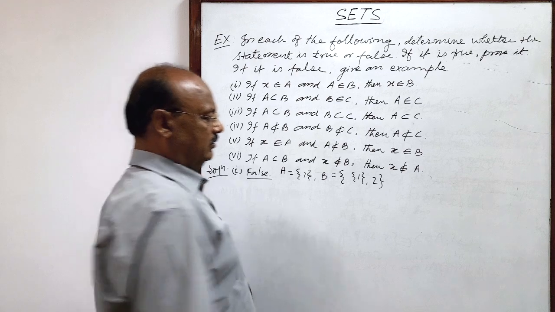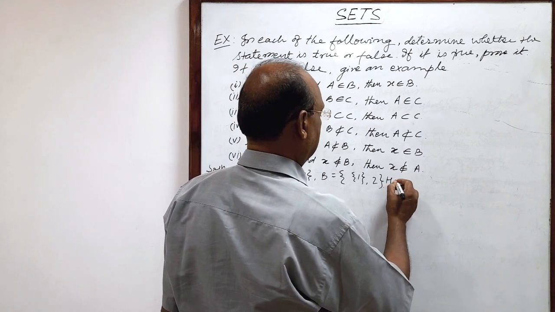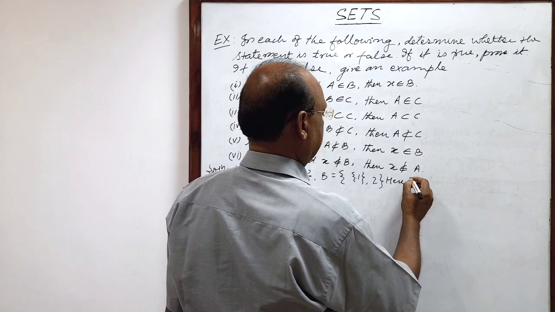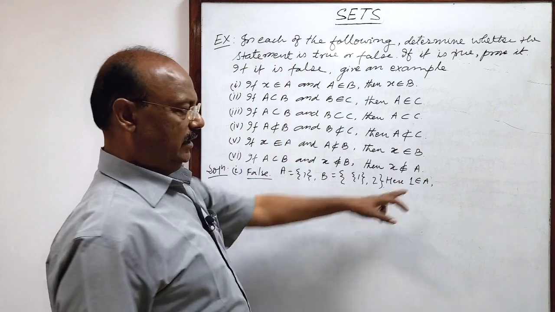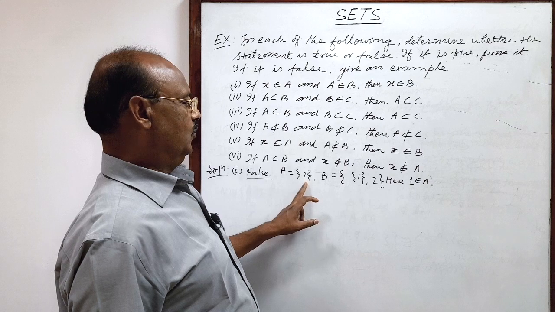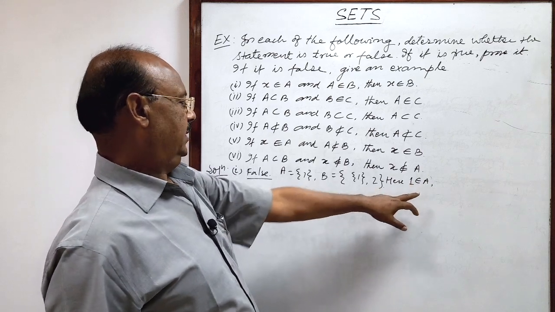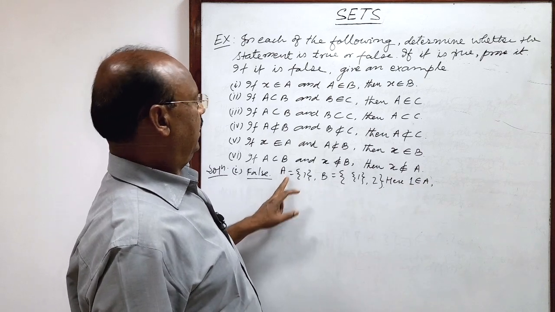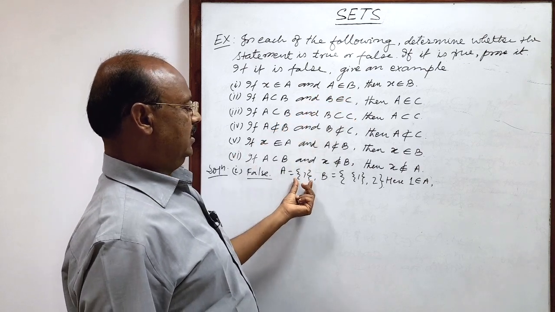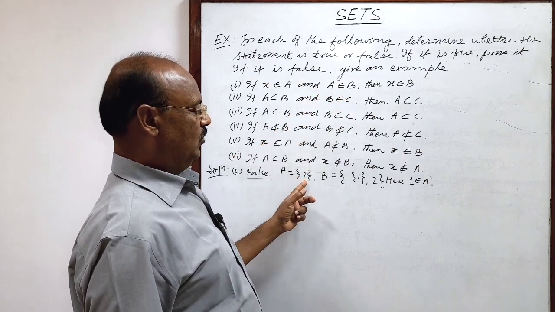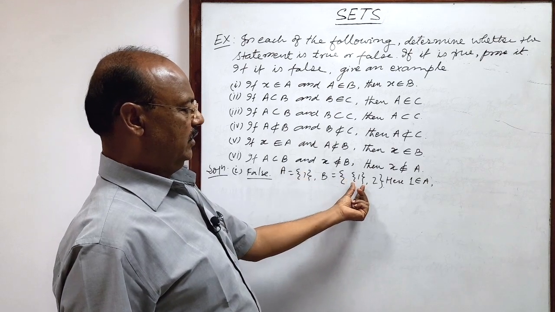So here we see that this element 1 belongs to set A, and set A itself belongs to set B. Set A is a set having element 1 which is belonging here.